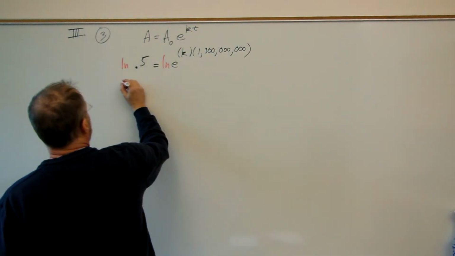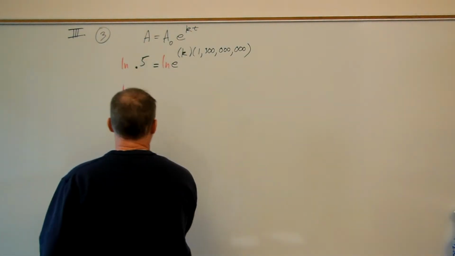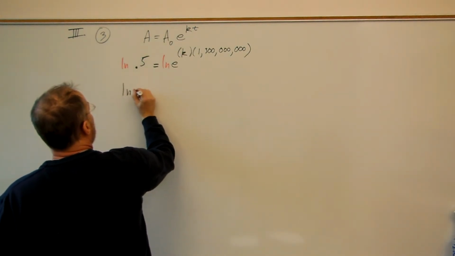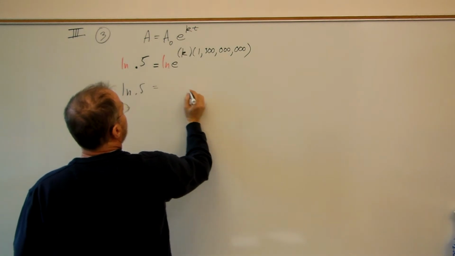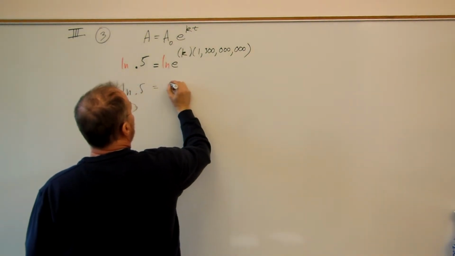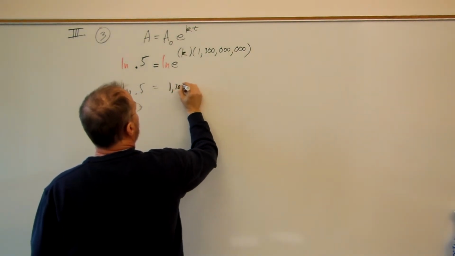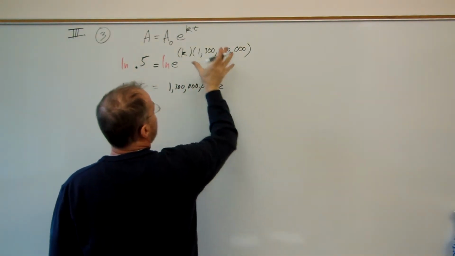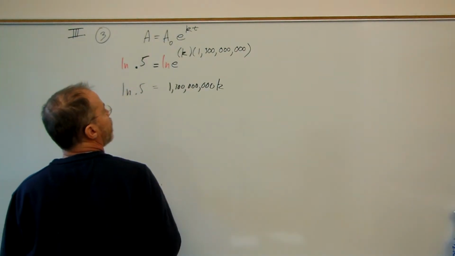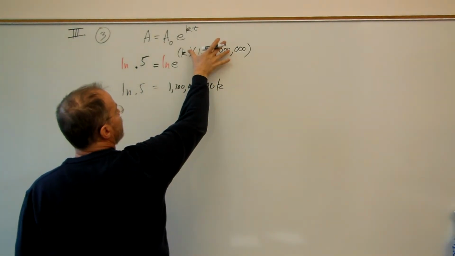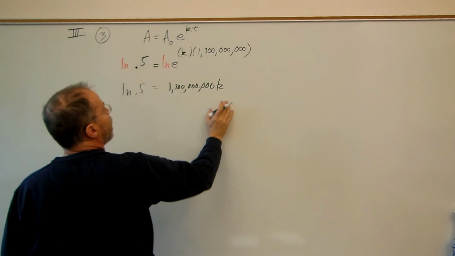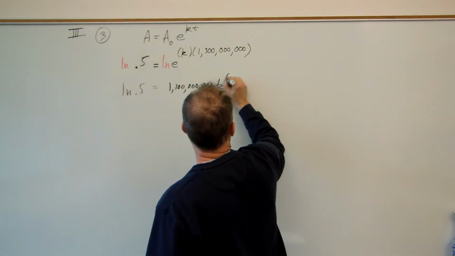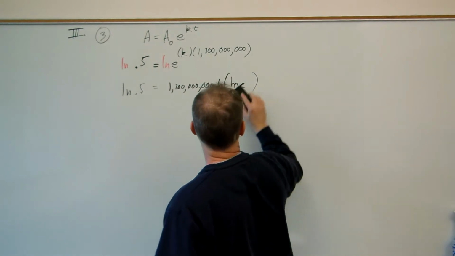In my next step, I'm going to have the ln of 0.5 on this side. And on this side, I'm going to pull that 1.3 billion times k, reversing the order, down from the exponent inside the logarithm to a multiplier out front, and then I've just got the natural logarithm of e multiplied by it.